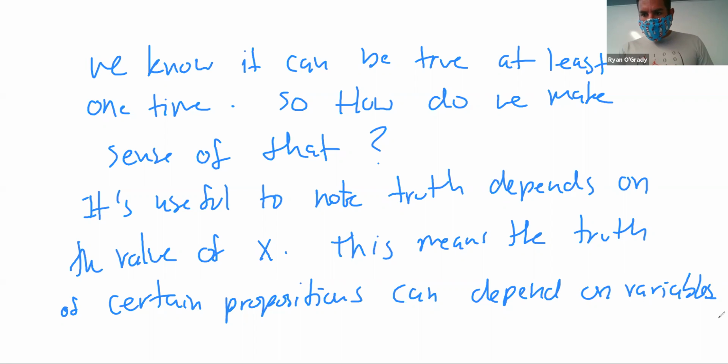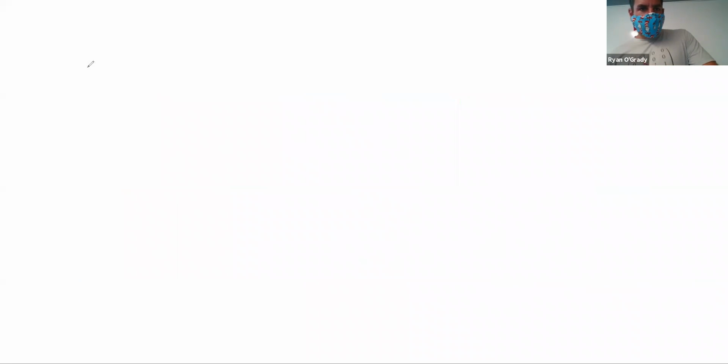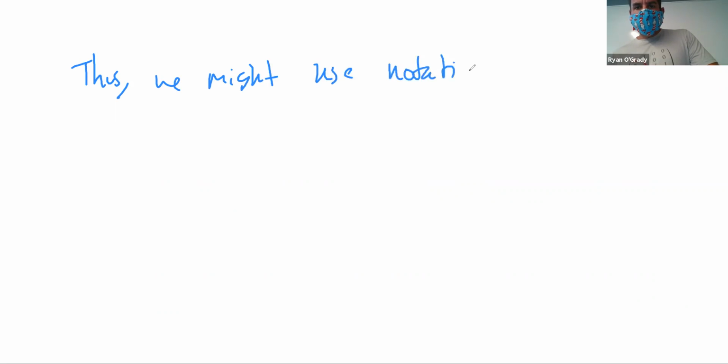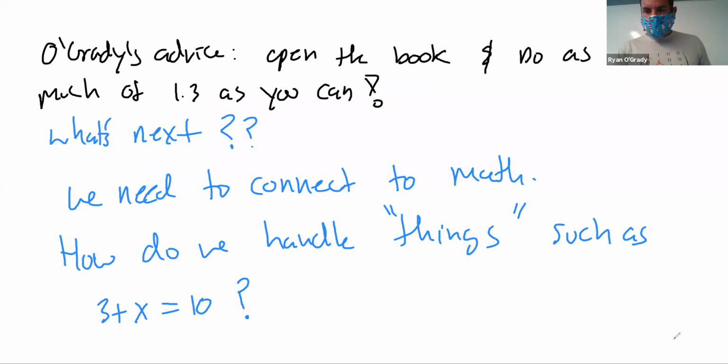So for this reason, it's useful to use notation such as P of x. What was the original thing? Was it x plus 3 equals 10? 3 plus x equals 10.